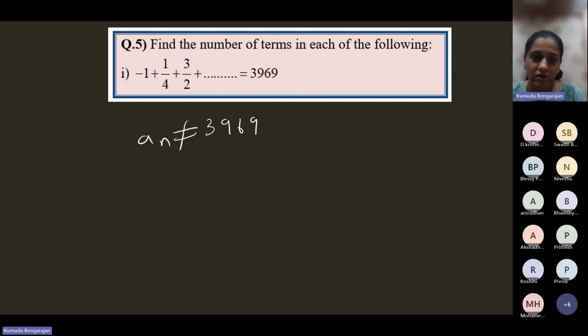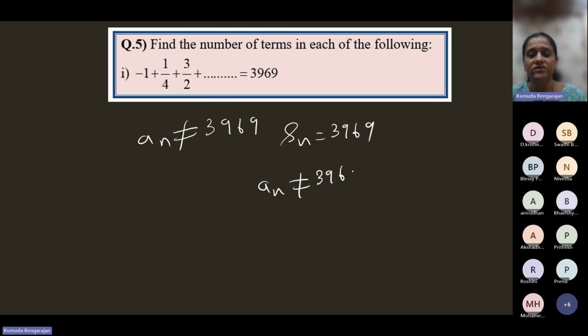The sum of these terms, we don't know the last term. So the sum from the first term to some nth term is 3969. So Sn is equal to 3969. An is not 3969 because this is not a term of the AP.